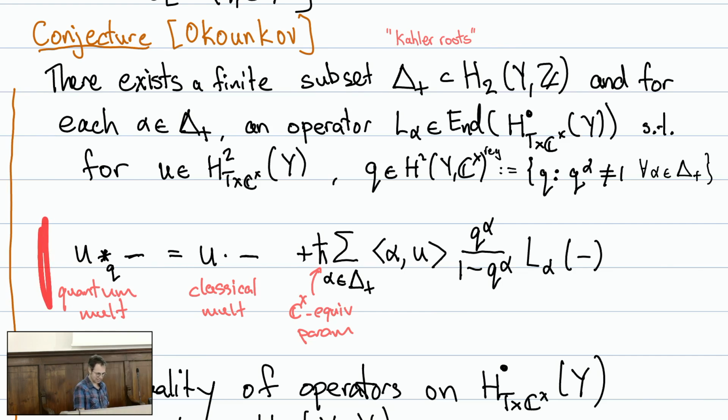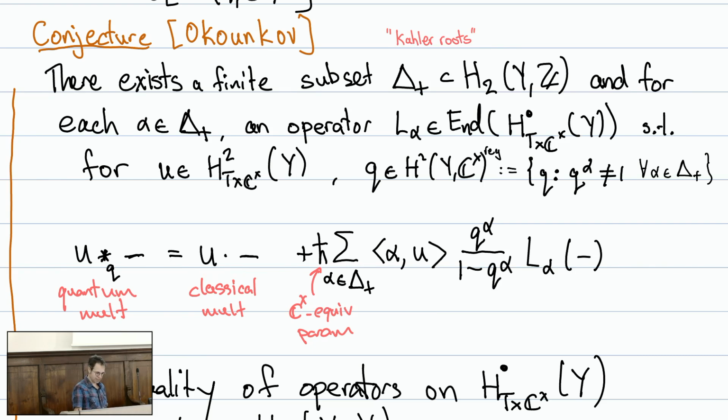Here's the punchline. You want to compute the quantum multiplication. Actually, we're just going to use quantum multiplication by divisors, so quantum multiplication by elements of H2. You want to know how you can quantum multiply by an element of H2. And this conjecture tells you that quantum multiplication by this divisor, people usually say divisor, they just mean element of H2, is the same as classical multiplication plus this quantum correction.